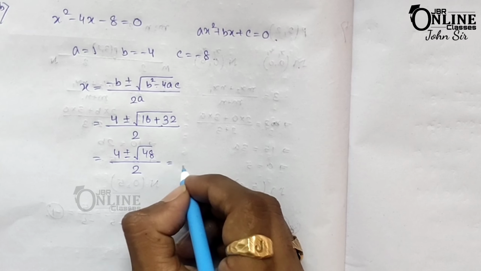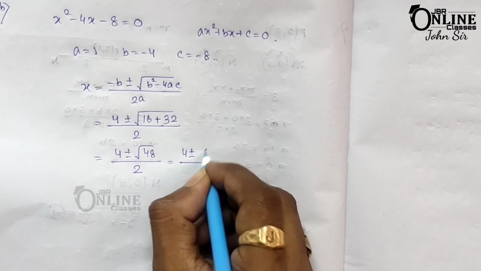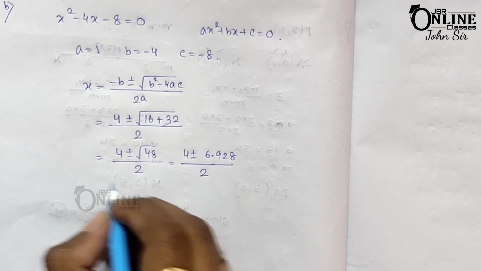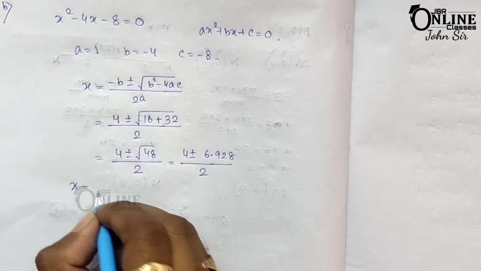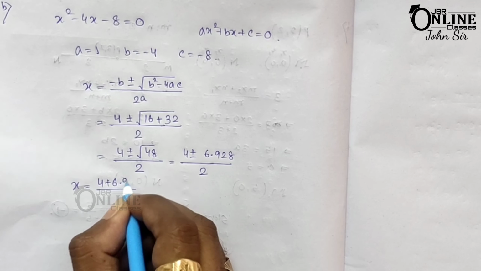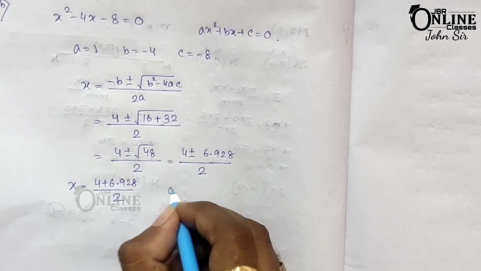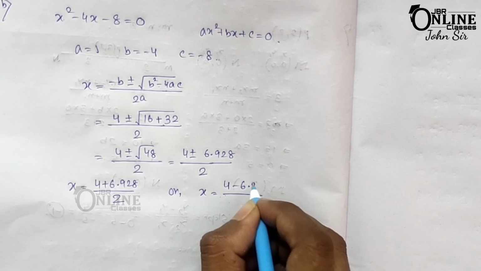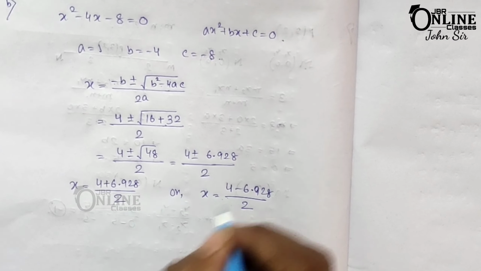Now the value of root 48 equal to 6.928. So by 2, x equal to, first one 4 plus 6.928 by 2, or x equal to 4 minus 6.928 by 2.